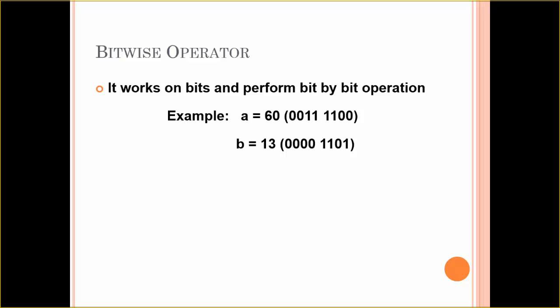So these are the 4 operators we are gonna use in bitwise. For example, we have A equal to 60 and B equal to 30, and we also have binary code for both the values. Before we get into the example, let's see how AND, OR, XOR and NOT will perform.